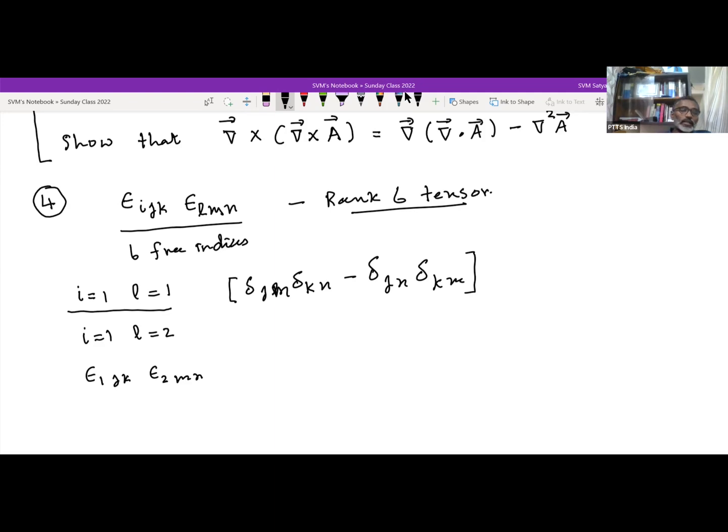So now you can see, this JK can be 2, 3 or 3, 2. And MN can be 1, 3 or 3, 1. Only in that case will we have non-zero values, right? So we are going to have epsilon 1, 2, 3 into epsilon 2, 1, 3.